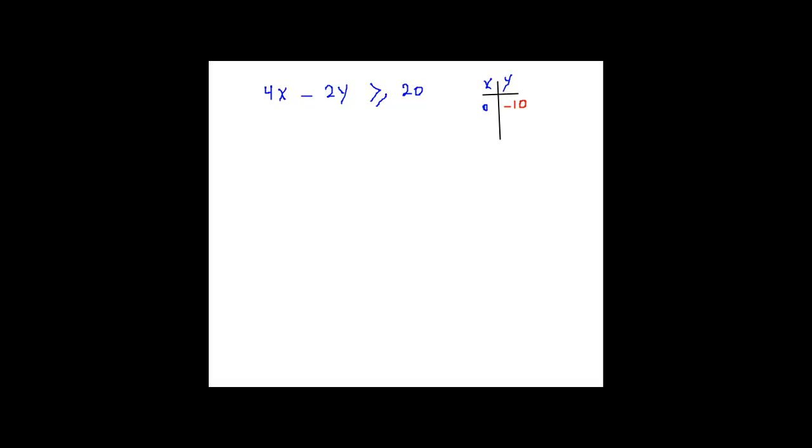If y is equal to 0, what is x? Y is equal to 0. 5. Yeah, it would be 20 over 4, which is equal to 5. So if I locate these 2 points, x equal to 0, y is equal to negative 10, let's locate the point.